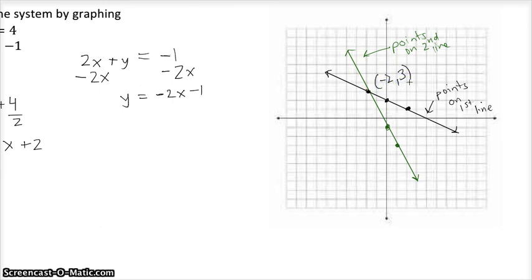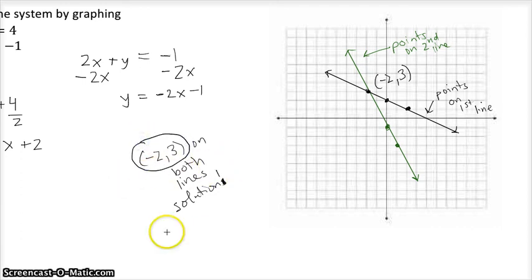So the point negative 2, 3 is on both lines. So since it's on both lines, it's my solution. This is how you write the solution for your system.